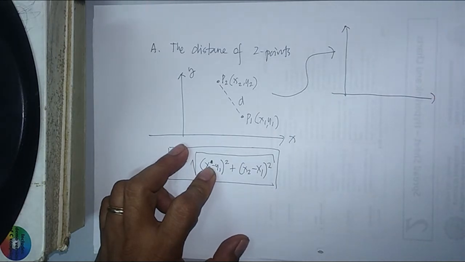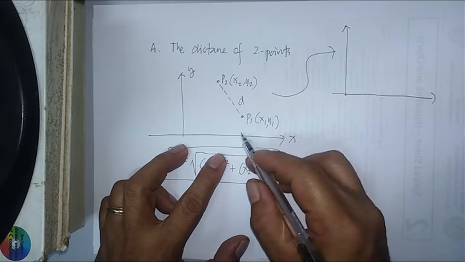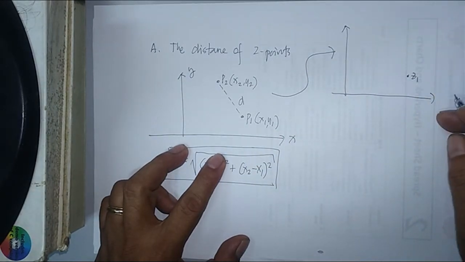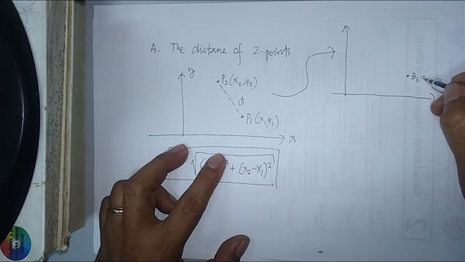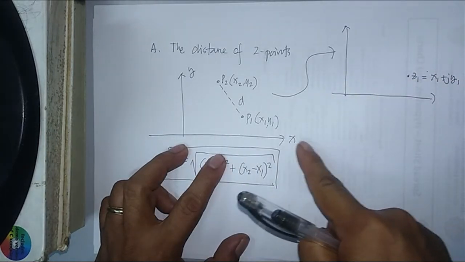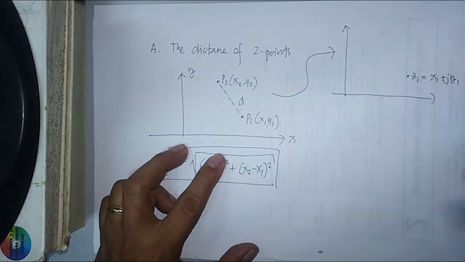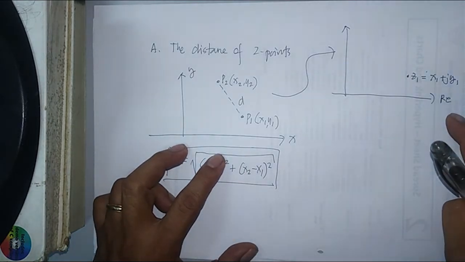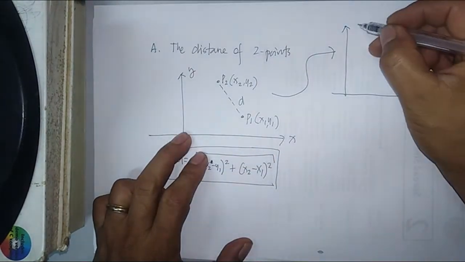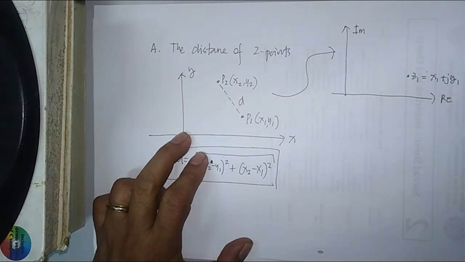Now, if I convert this Cartesian plane to its equivalent Argand diagram, instead of writing P1, I will write Z1, which is equal to the point x1 plus j y1. Take note, the x-axis in your Cartesian plane is equivalent to the real axis in your Argand diagram, and the y-axis is denoted by the imaginary axis.